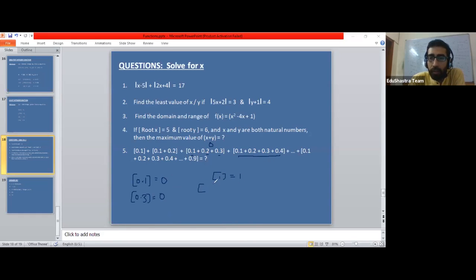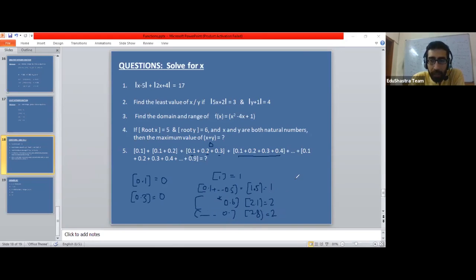Thereafter, the greatest integer value of 0.1 up to 0.5 becomes the greatest integer value of 1.5. This is 1 again. Up to 0.6 is 1.5 plus 0.6, greatest integer of 2.1. This is 2. Add 0.7 also to the mix, and you get greatest integer of 2.8, which is 2.